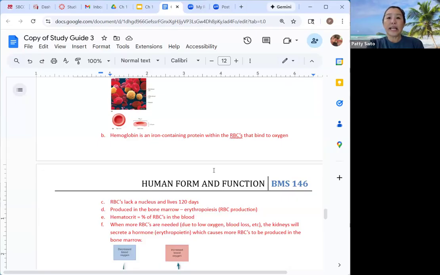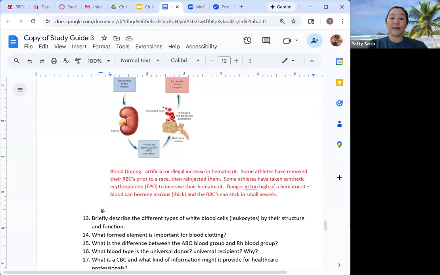So there's a direct link between the amount of oxygen that you carry and the amount of energy you produce. The more oxygen you carry, the more ATP you make, the longer you can run, the farther you can bike. So it's very important. So let's talk about how to use that information, and some people have used it illegally.